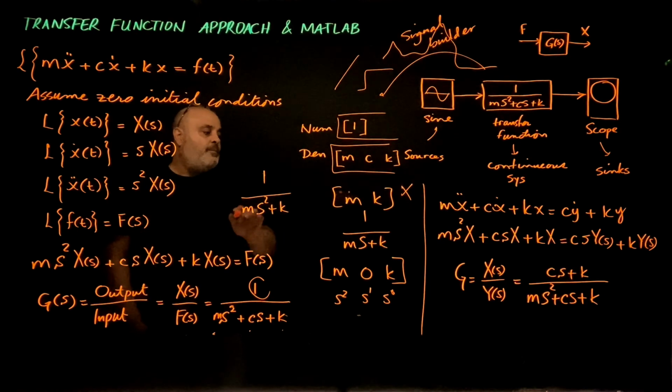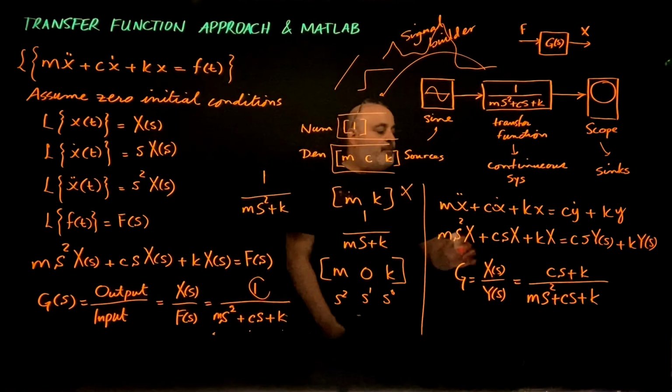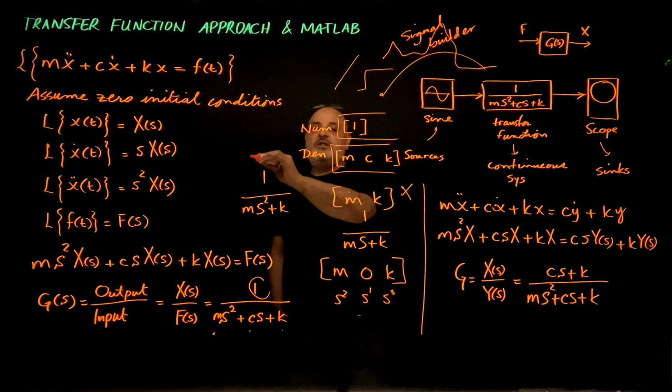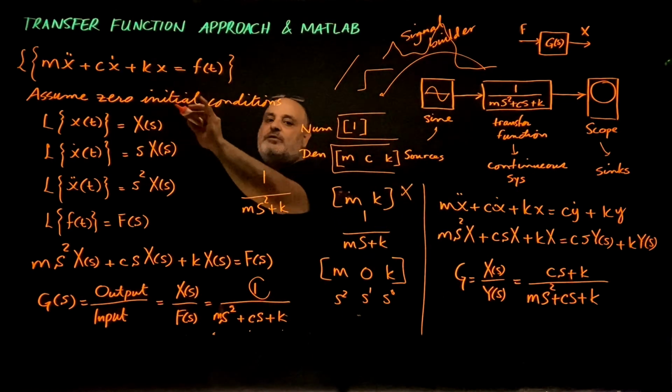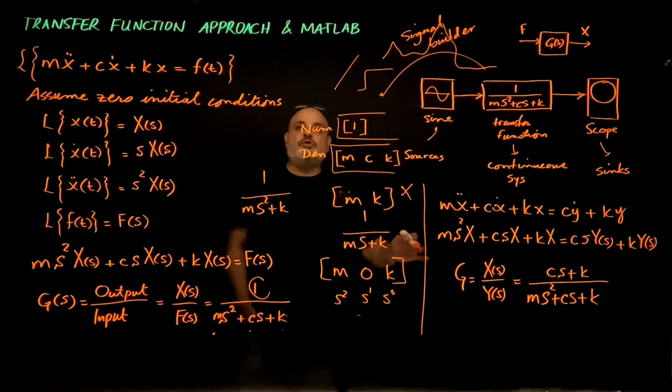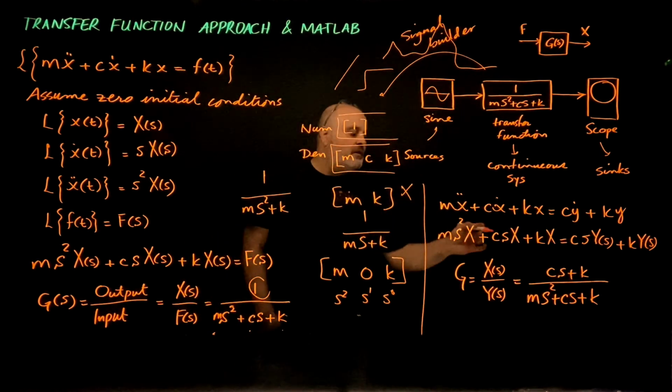So it's a very basic and straightforward approach for simulating the response of any single degree of freedom system, whether damped or undamped, to any input, whether force or displacement.